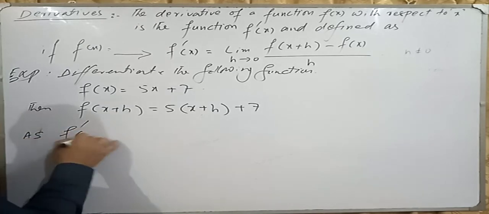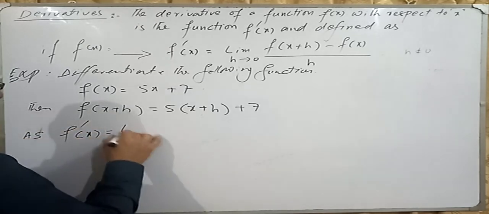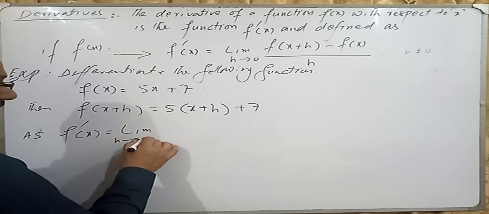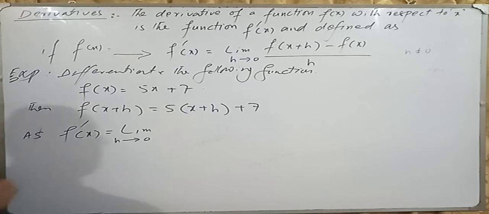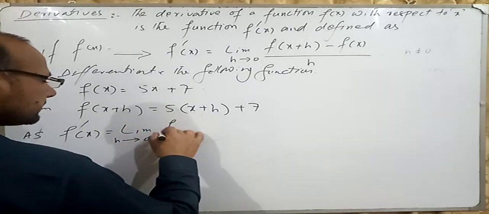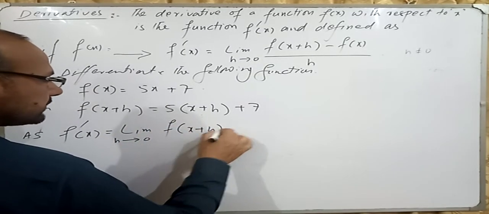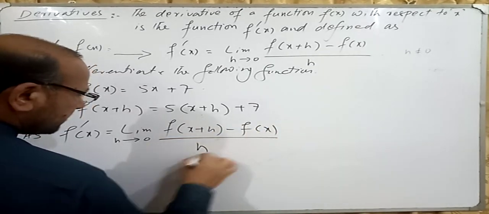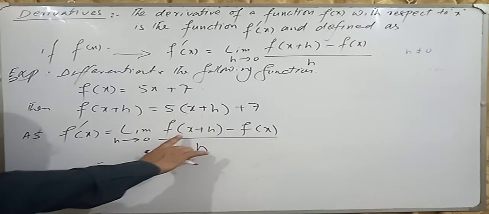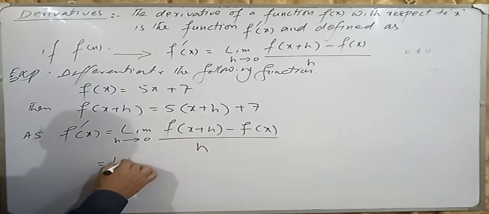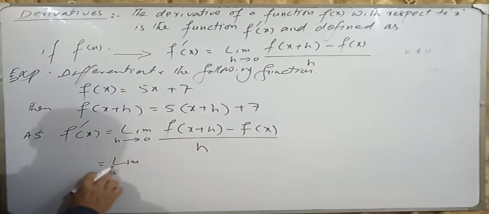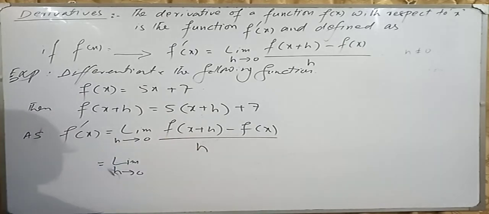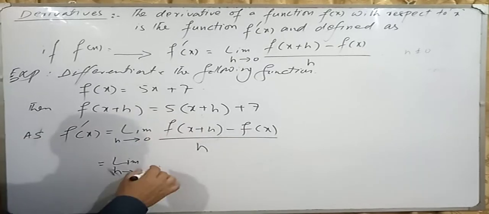f dash of x is equal to the limit, you have studied limit, h approaches 0, f of x plus h minus f of x divided by h. Now we will replace the value. Limit h tends to 0, f of x plus h, so we have the value of f of x plus h.